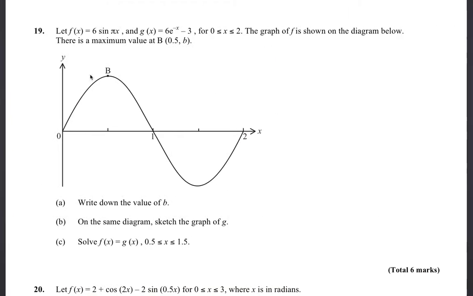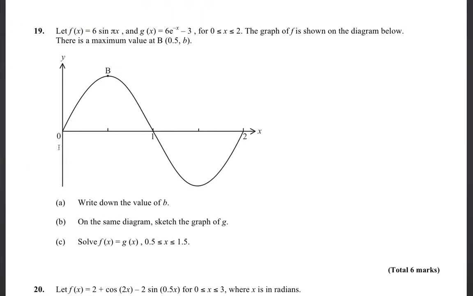So let me draw y1, which is 6 sine pi x. Please make sure that it is in radian mode. Let us check once more: Shift, Run mode, Shift Menu. Yeah, the angle is in radian, so not a problem.